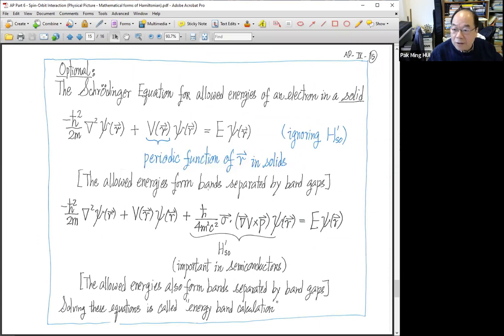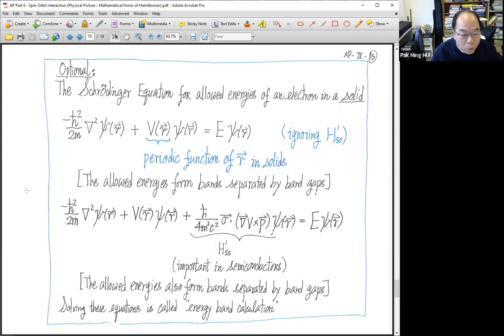If you solve this, the allowed energies here will form bands, and they are separated by band gaps. And then you have metals, insulators, semiconductors. Now, usually in the semiconductor business, it is important to include the spin-orbit interaction term.